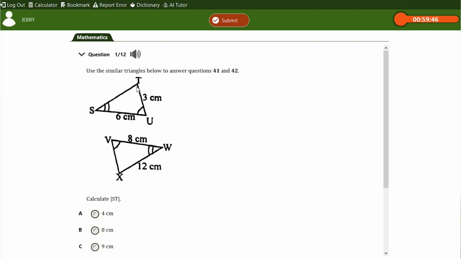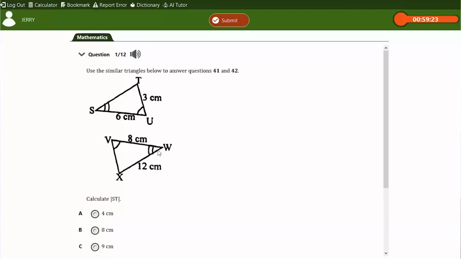We have this is triangle TSU, and another triangle VXW. Do you understand? Now, if you see, this angle S has 2 strokes, angle W has 2 strokes, it means that they have corresponding angles.